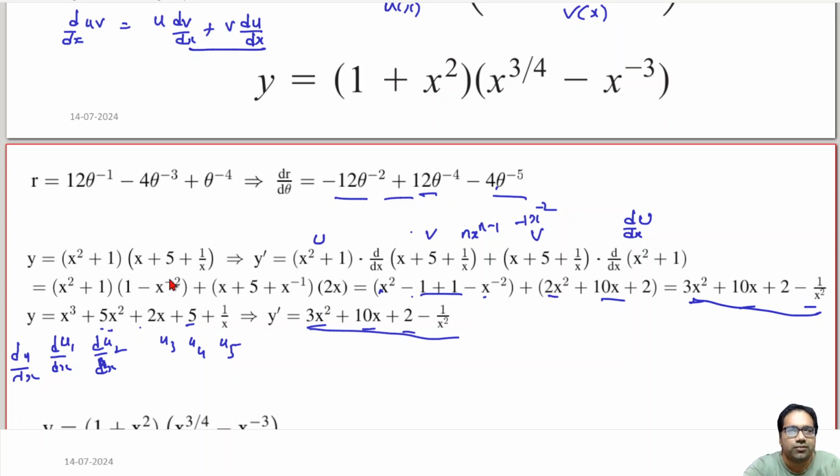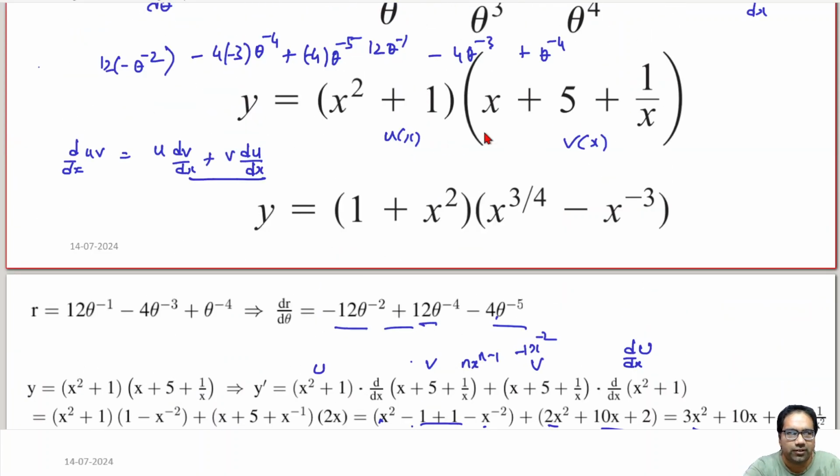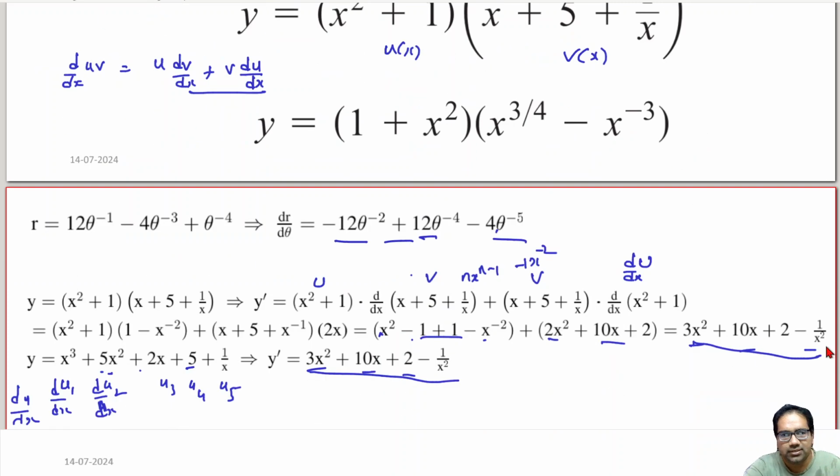So basically, if you do the product first, or if you take these two as separate functions and differentiate using the product rule, we still get the same result. Of course, it depends on the ease of the situation; we will do whichever way we want. This function is the derivative of y. What does that mean?